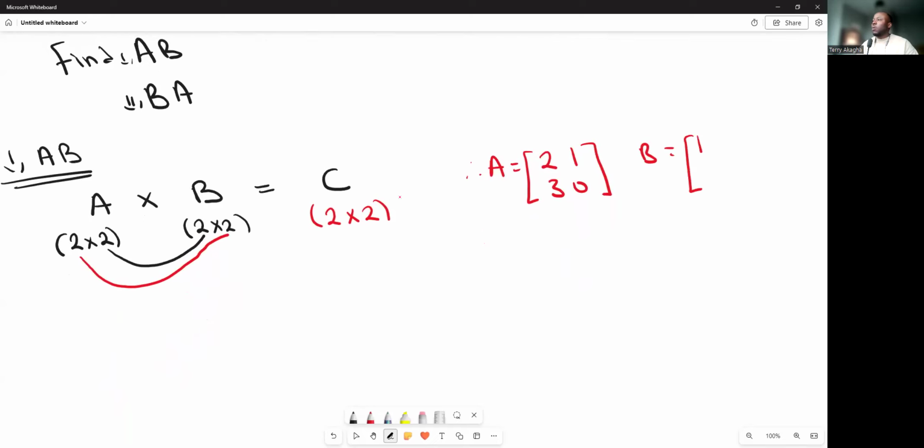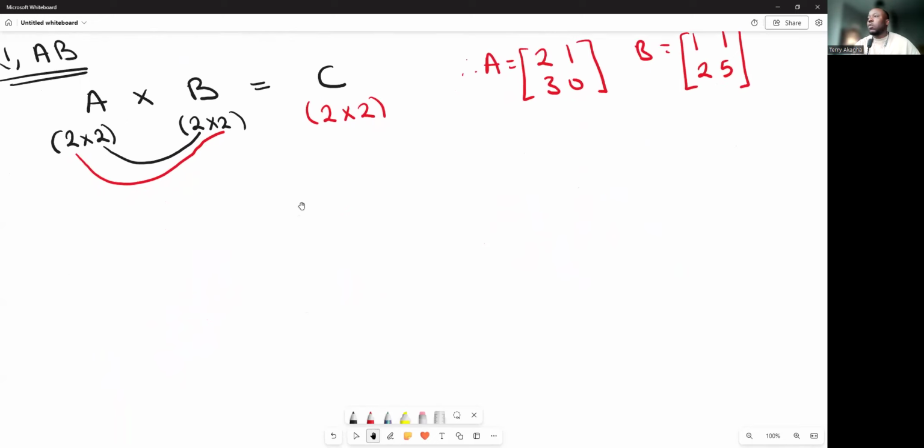Okay, so based on that, now we can solve. So let's go. It's going to be A times B. So the A is going to be the first. So it's going to be 2, 1, 3, 0 times B, which is 1, 1, 2, 5.